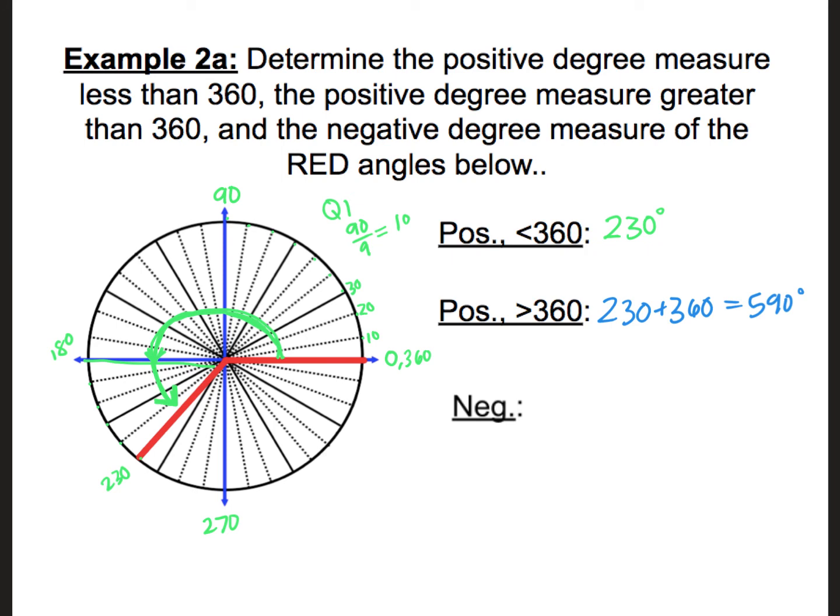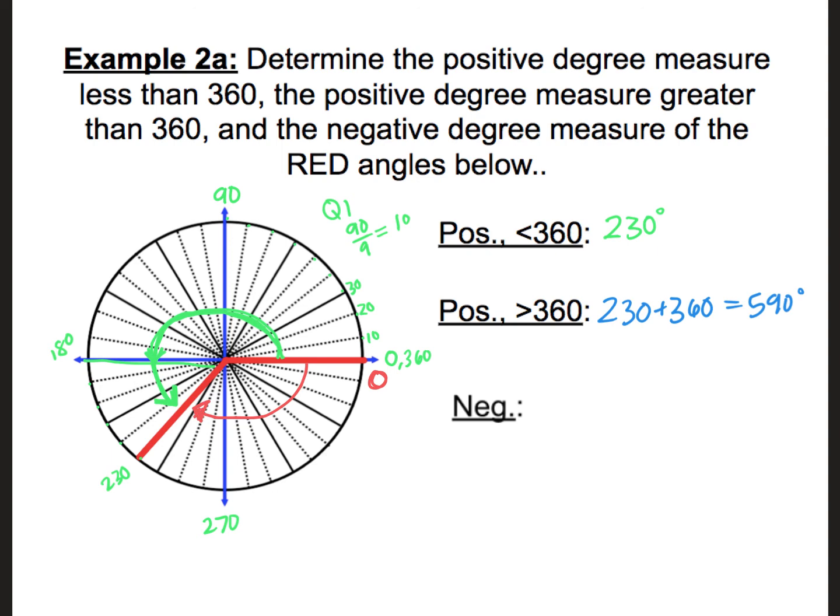All right, the last thing I need to figure out is my negative degree measure. You have some options here. Really the easiest option is probably to use your circle again. If we have our red angle, remember to go in a negative direction, I start at my initial side, but I travel clockwise. We're not actually going that far, just from this point to my red line.